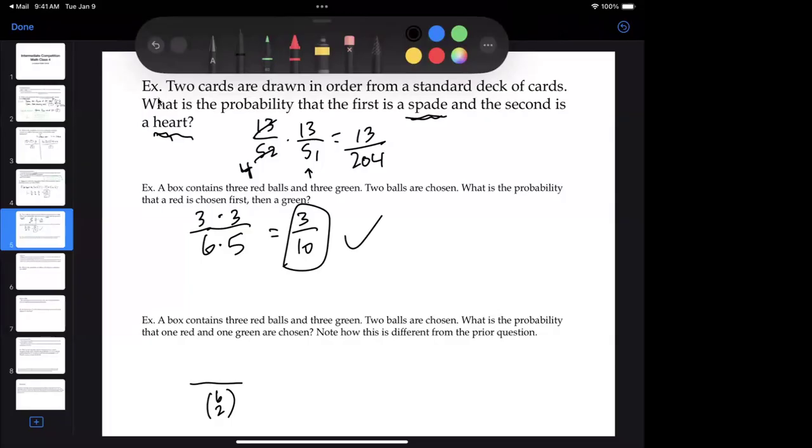In the previous question, order did matter. And for the numerator, if we want 1 red and 1 green chosen, I think the numerator in this question is still the same as the numerator in the previous question.